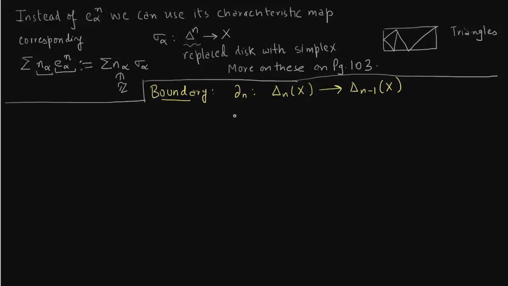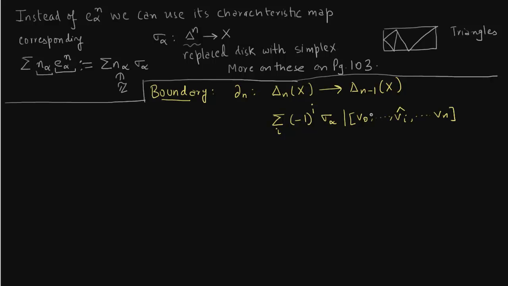We write the summation sign, sum over all i, then write minus 1 to the i. We again take the same n simplex and remove the ith vertex, but now we write it as sigma alpha, which acts on this simplex.